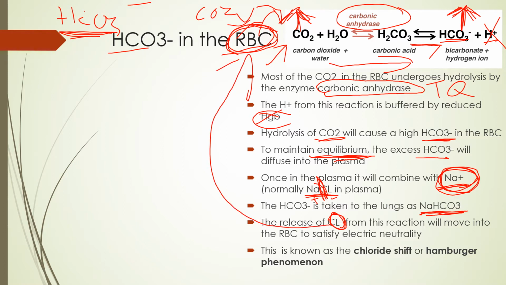And that will help satisfy its electrical activity to where it's electrically neutral. I know, it's this whole weird relationship thing. Because of this, we have what's known as the chloride shift. We have the chloride shifting from the plasma into the red blood cell. This is also known as the hamburger phenomenon.